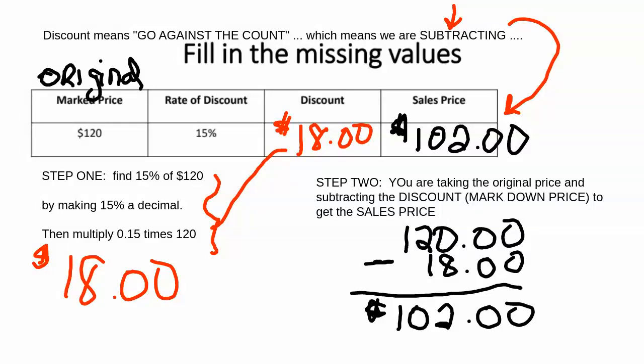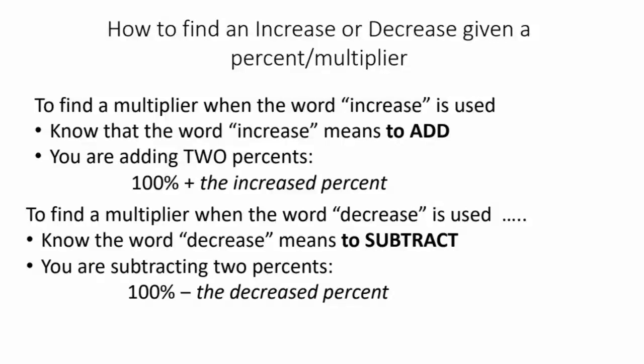This is old stuff, but we are now going to change this. Because remember, the first 2 slides that we did, I talked about one way. It had 2 steps. The last 2 slides had 2 steps. Well, here is where it comes from. We are going to find an increase or decrease.